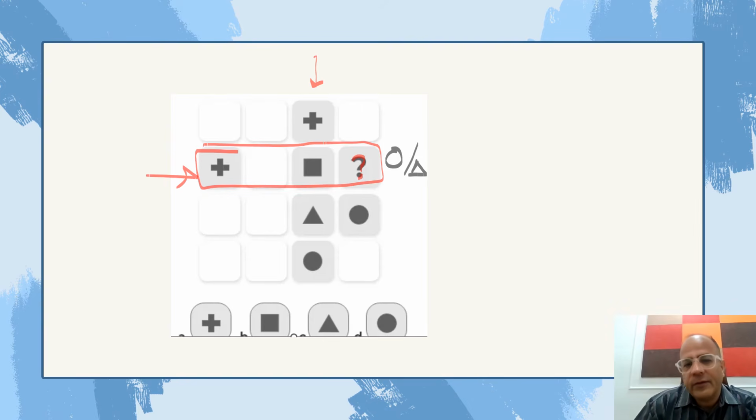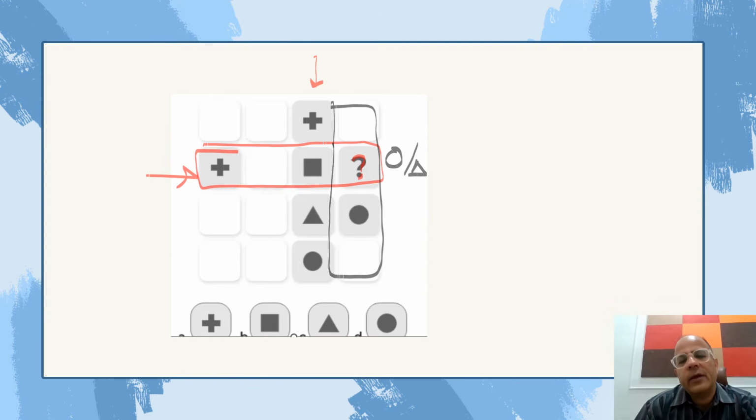But since it is part of this column as well, and there is a circle over here, the circle cannot come now. So I replace it and put a triangle. So my answer right now is triangle. Are you with me on this?